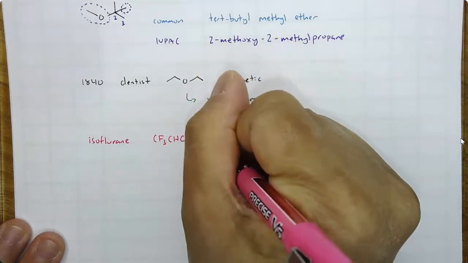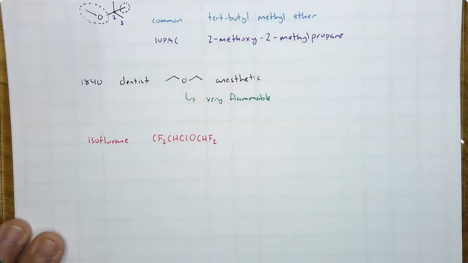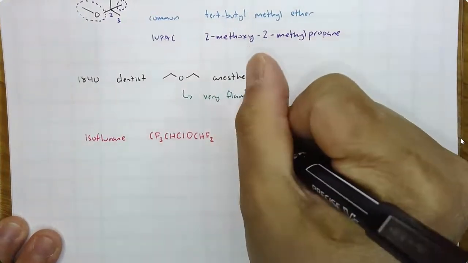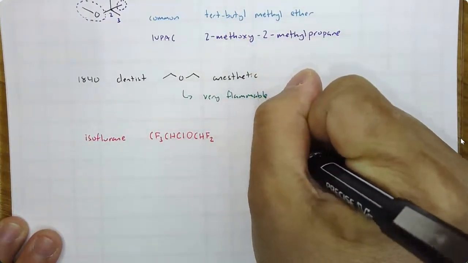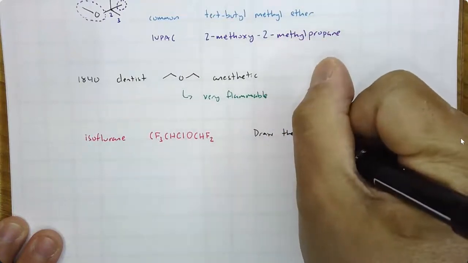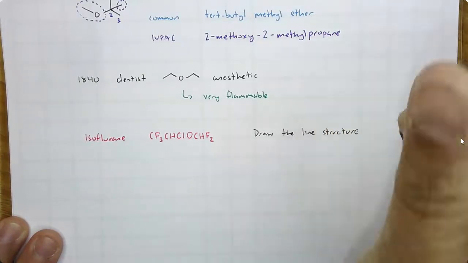It has fluorines and chlorine. So my question to you all is, can you draw the line structure for this? Can you figure out what's attached to what? I won't give the answer right now. If we have time, we'll come back to this. Draw the line structure.